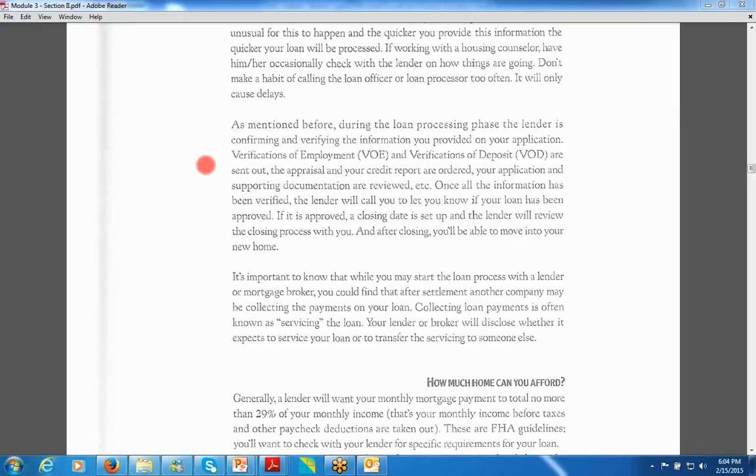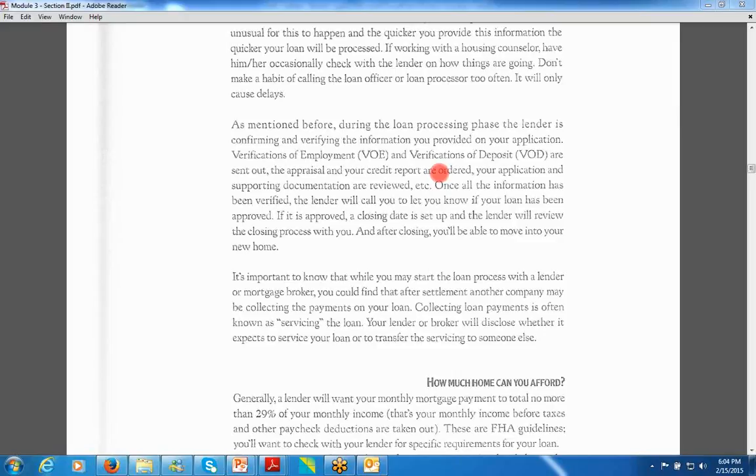Verification of deposits, okay? A verification of deposit. Now here's where you want to listen up, okay? A lot of people get stuck with this one. You are going to, as we discussed earlier, have to have a certain amount of money to complete the transaction. And in many cases, you will also be required to have reserves to minimize the risk. Now, that also includes all of your cash resources, your savings, your 401ks, all of those things that provide a cushion against risk.